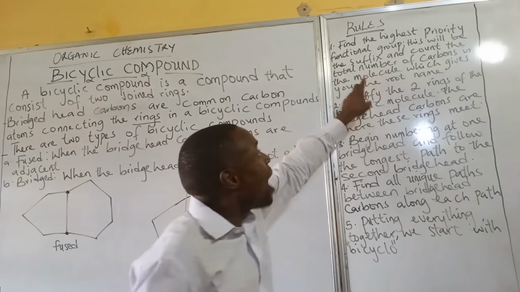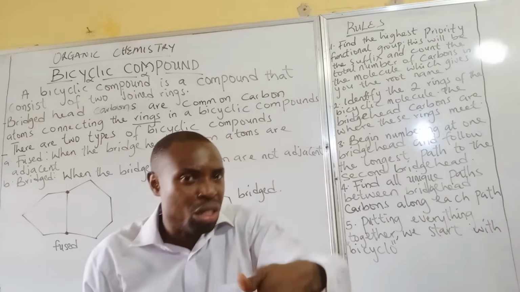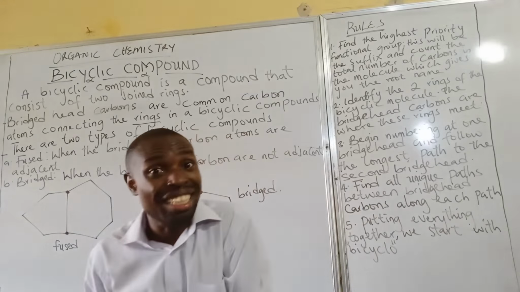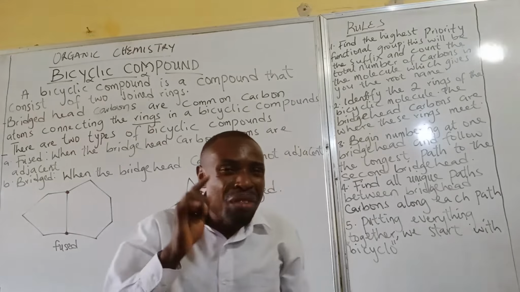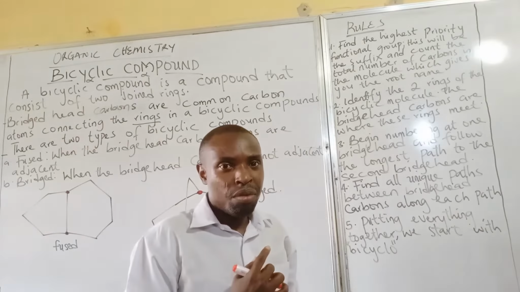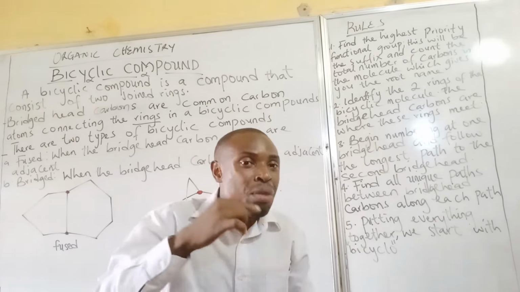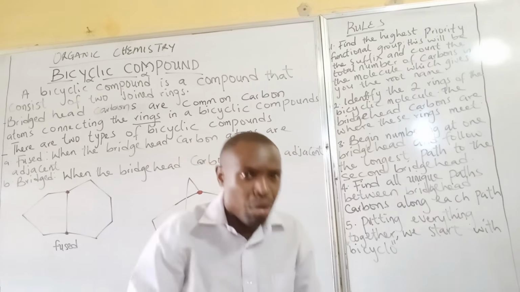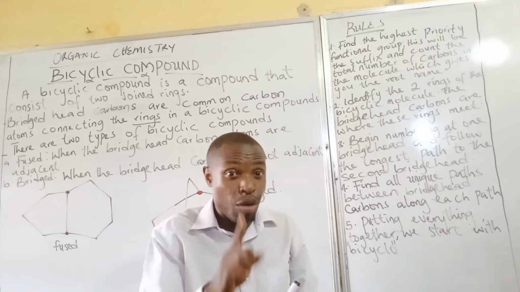This functional group will be the suffix. If there is none, it means it must be an alkane. Then count the total number of carbons in the molecule. That is the first thing you must do, and that counting must begin from the bridge-head carbon.